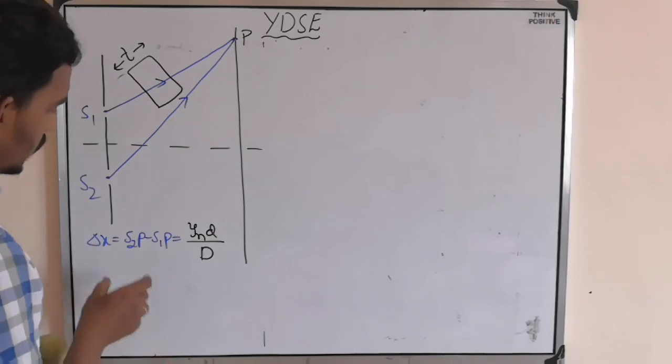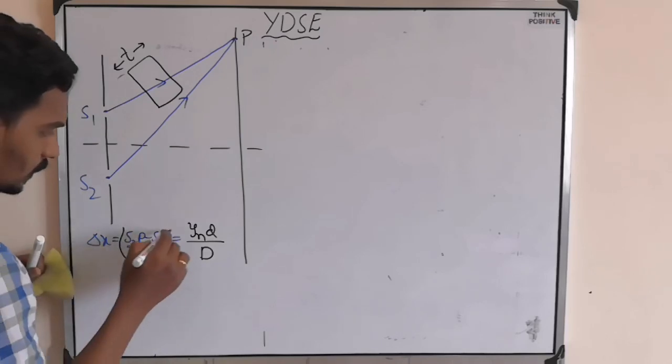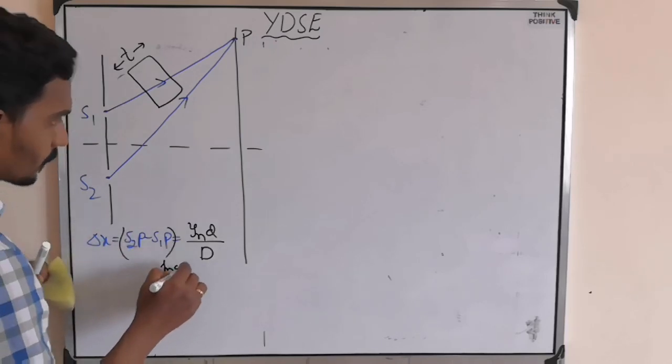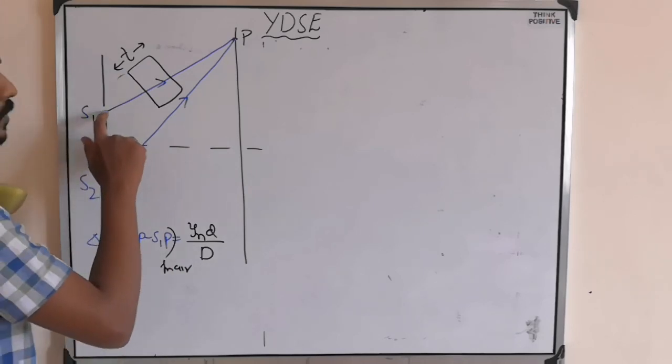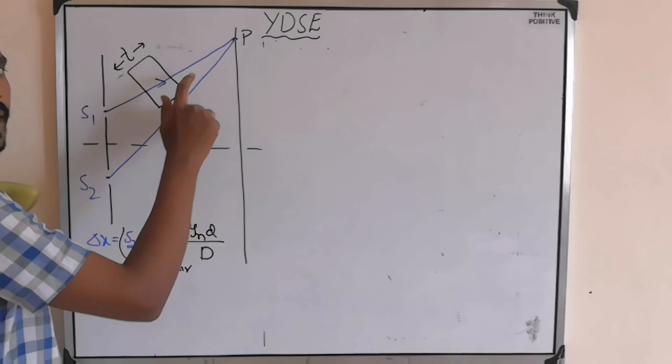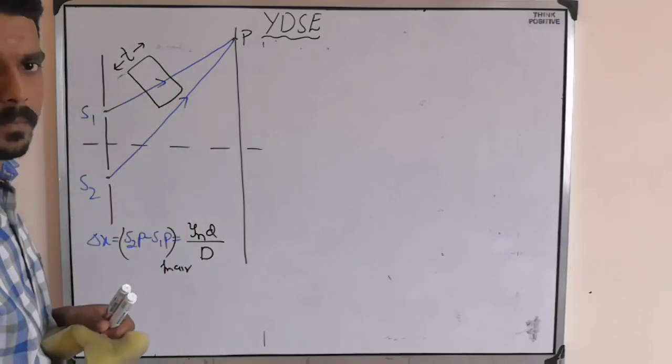See, this is in air. This is the path difference in air. But now the light from S1 is not traveling only in air, it is also traveling in a medium.